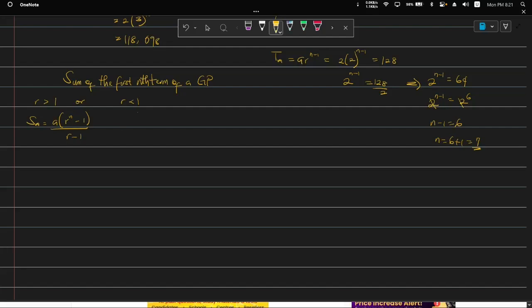On the other hand, if the common ratio is less than 1, then I'm going to be having the sum of the first n terms to be A into brackets 1 minus R to the nth power over 1 minus R. So if the common ratio is greater than 1, the R comes first. If the common ratio is less than 1, the R comes last. Are we together?